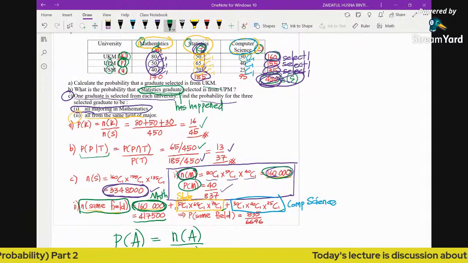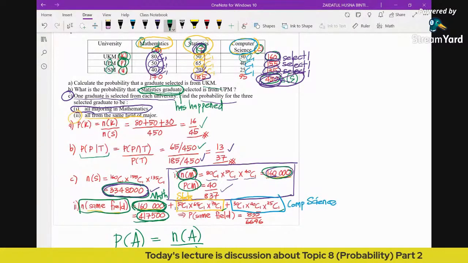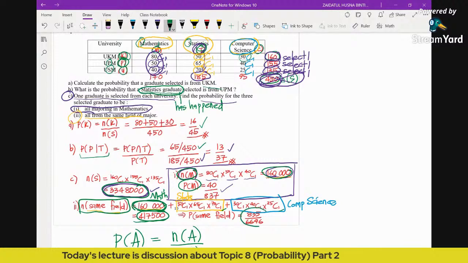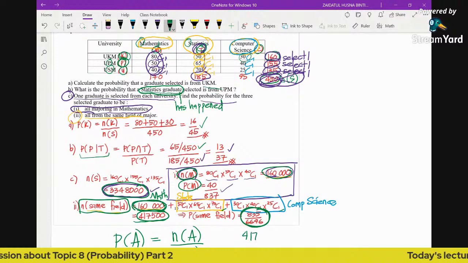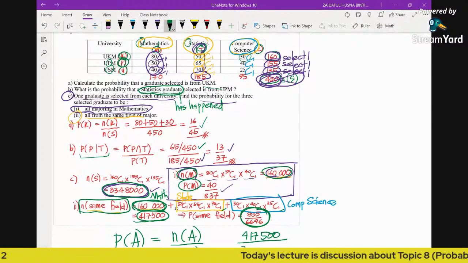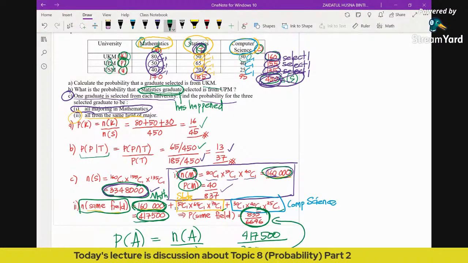So in order to find the probability of same field, we divide this value by this value, and you will get this answer. Basically, how do we obtain this answer? By dividing 417,500 by 334,800,000. So you will get this answer.